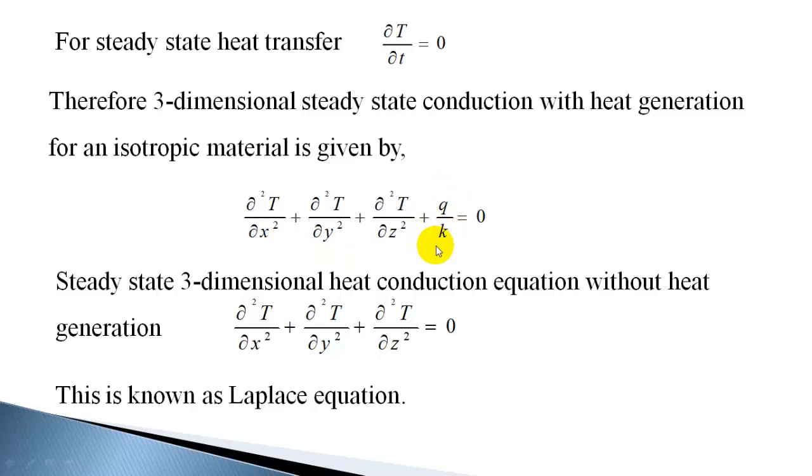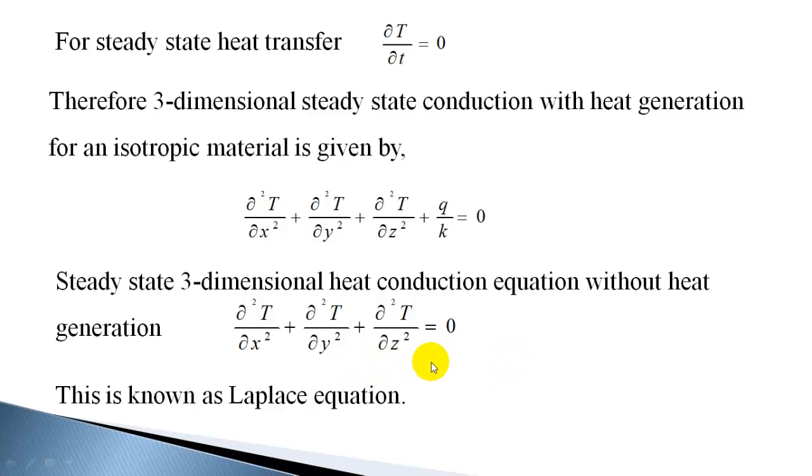Now if the heat generation is 0, with no heat generation, we get a steady state three-dimensional heat conduction equation without heat generation for an isotropic material, and this is known as the Laplace equation.